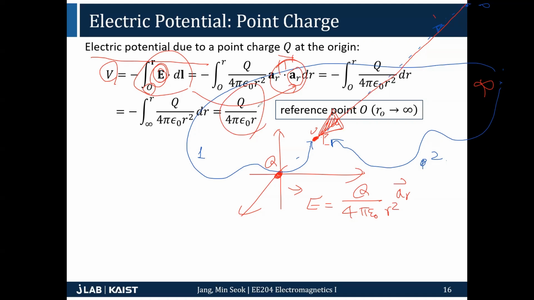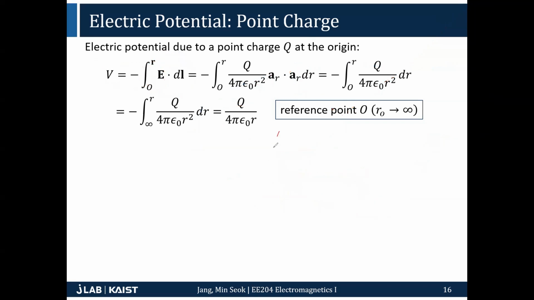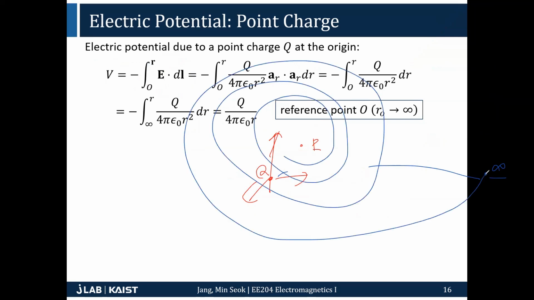But as I said earlier, you can even try if you want. It doesn't matter which path you choose. Let's say this is P and this is Q, and you can set an arbitrary position, let's say here, it's okay if it's infinitely far away from Q, and then you can choose a spiral path for the integration.